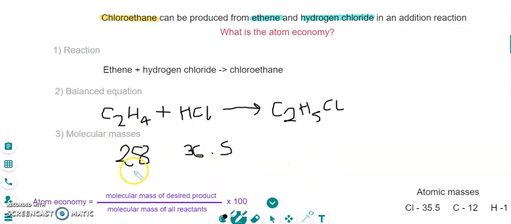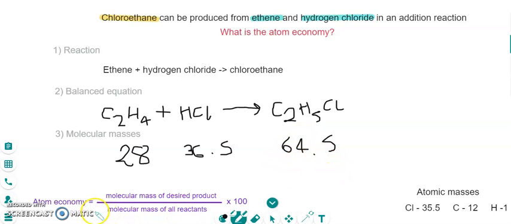That would give us 28 plus 36.5, which is 64.5. Another way to calculate this would be to do 12 times 2, add 5 times 1, add 35.5 times 1. And this would again give us 64.5.